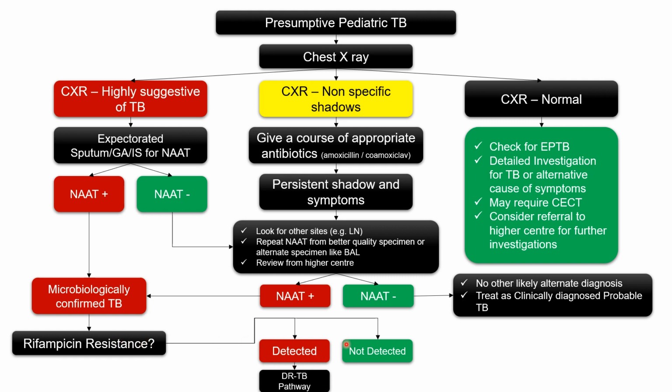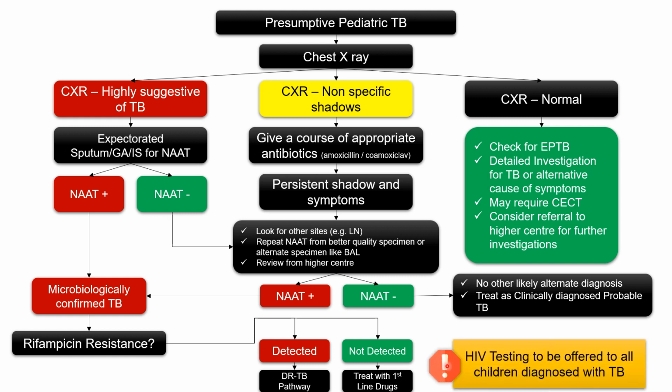Suppose rifampicin resistance is not detected, we have to think that this is drug sensitive tuberculosis and we have to start first line drugs. And most important thing, HIV testing is to be offered to all the children diagnosed with tuberculosis, irrespective of any history, irrespective of any finding, everything. Every patient diagnosed to have tuberculosis has to be mandatorily offered and, if agreeing, tested for HIV infection. That is the important message.